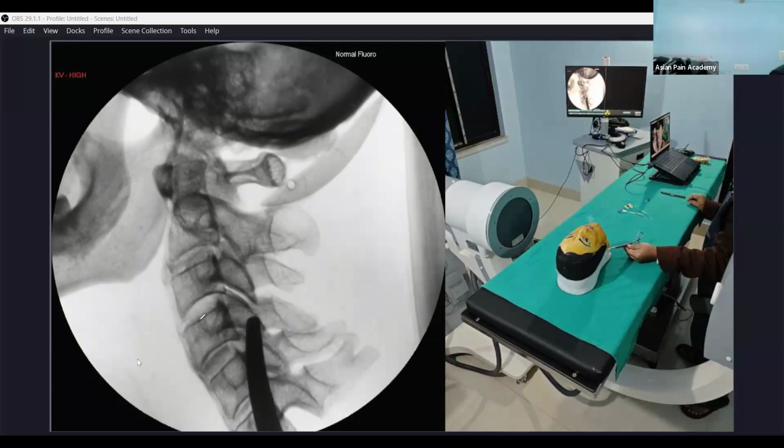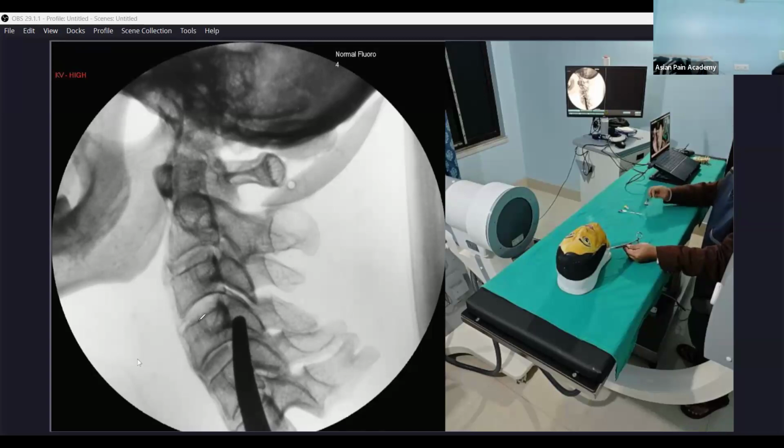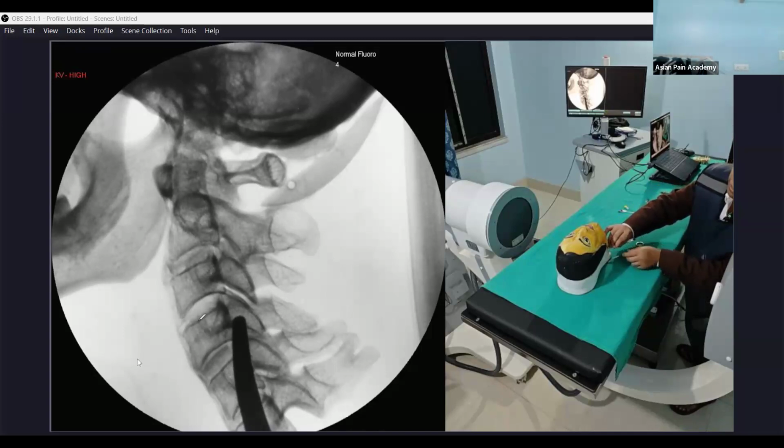So this is the area where I should go for C4, the C4 medial branches. And here, as I told you, these are all tunnel view approaches.